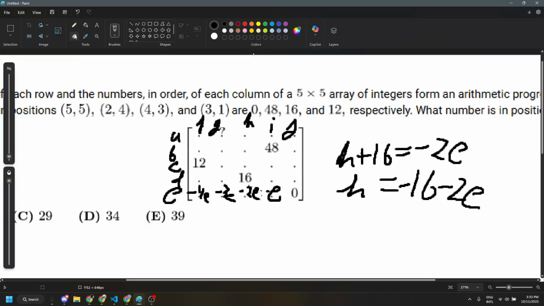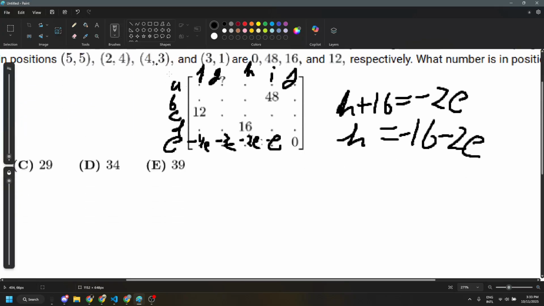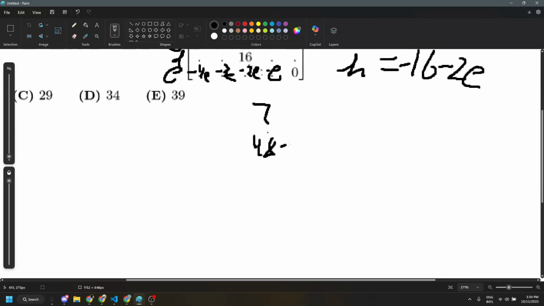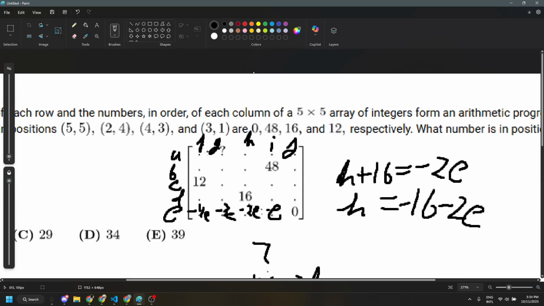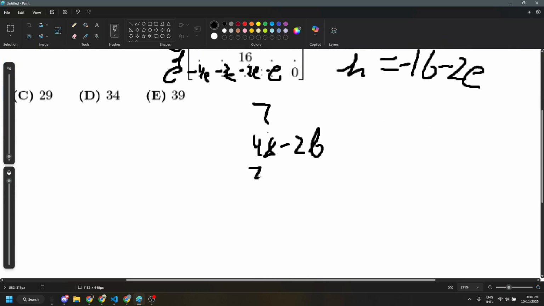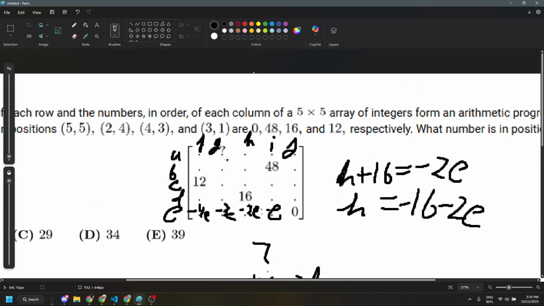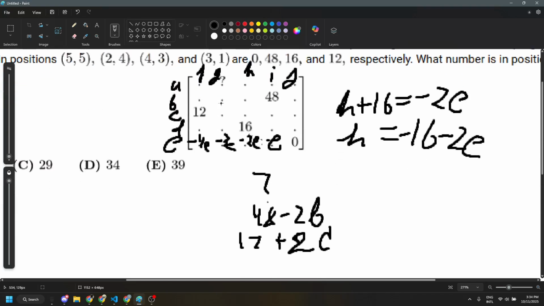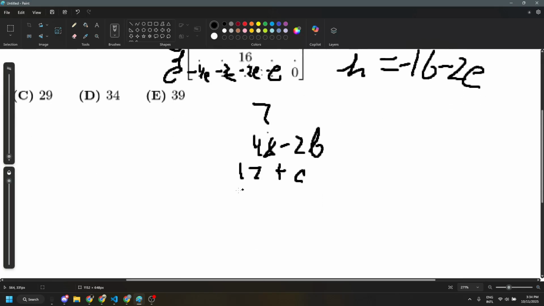So why don't we just fill in this column? So if we have question mark, we have 48 minus 2b. We have 12 plus 2c. We have 12 plus c. 16 minus d.